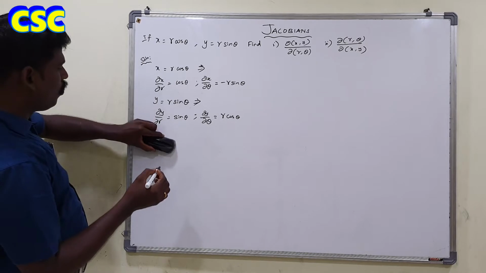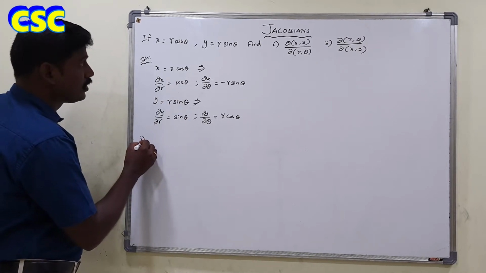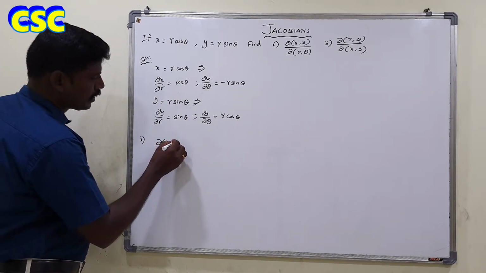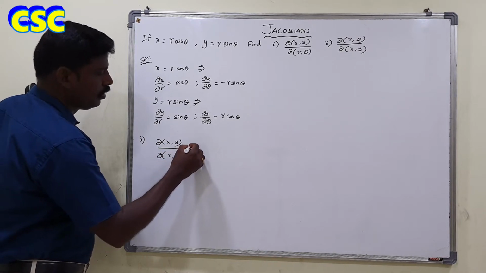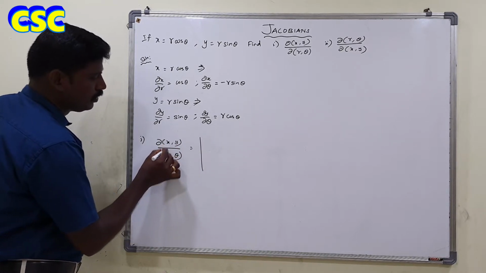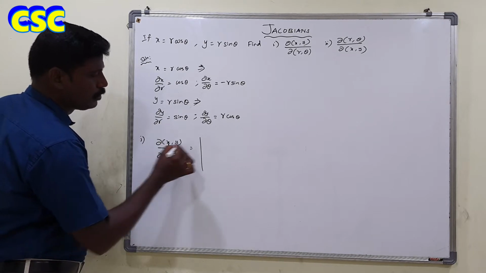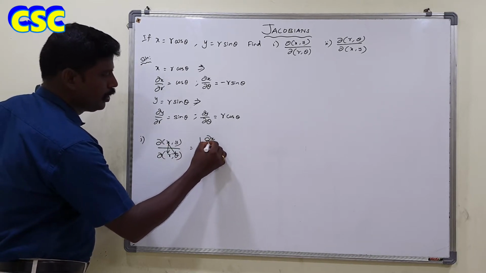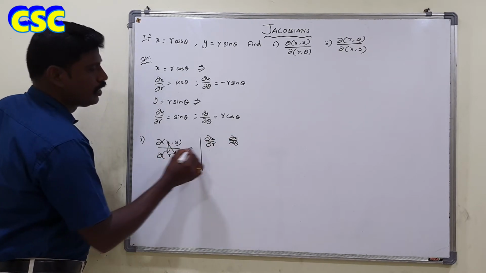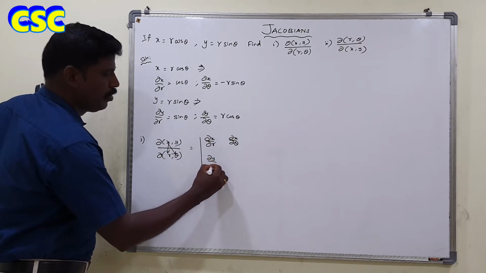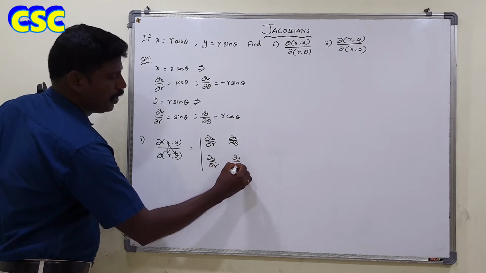What we need to find out at first is ∂(x,y)/∂(r,θ). So what is this value? X with respect to r and x with respect to theta, isn't it? So ∂x/∂r, ∂x/∂θ, and then y with respect to r and theta, ∂y/∂r, ∂y/∂θ.